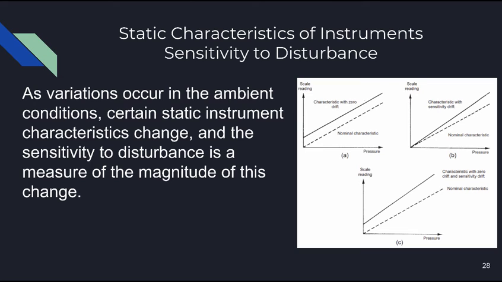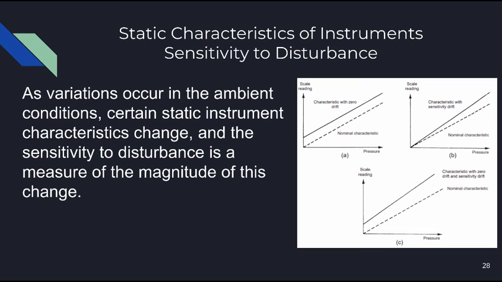So zero drift or bias describes the effect where the zero reading of an instrument is modified by a change in ambient conditions. This causes a constant error that exists over the full range of measurement of the instrument. The mechanical form of bathroom scale is a common example of an instrument that is prone to zero drift.